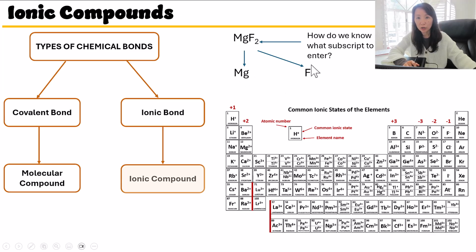Let's see what charge magnesium has. Magnesium is located here, has a charge of +2. So we're going to put +2 there. What about fluoride? Fluoride is located right here and has a charge of -1.